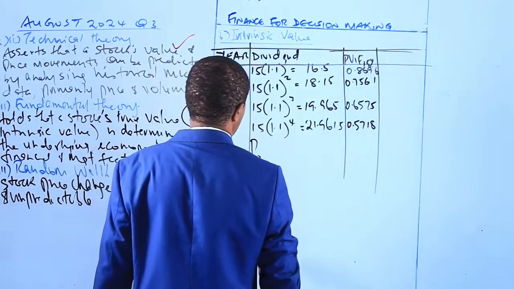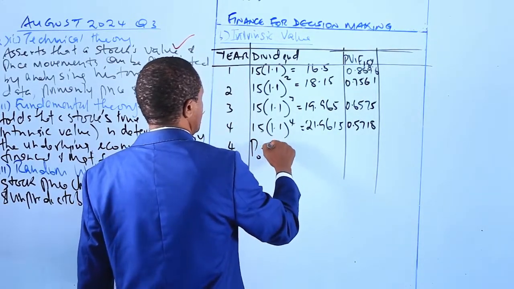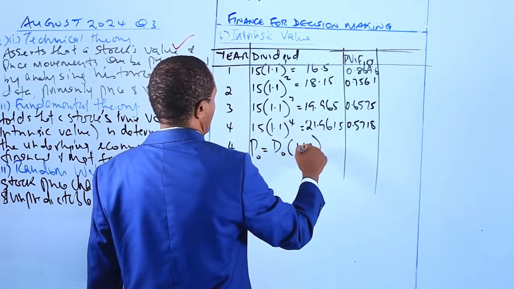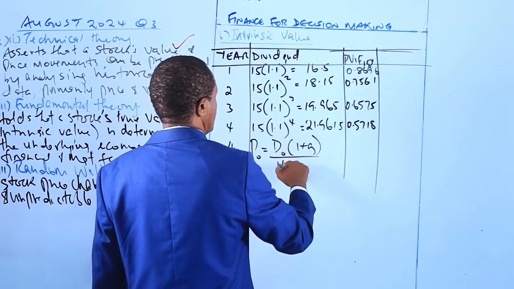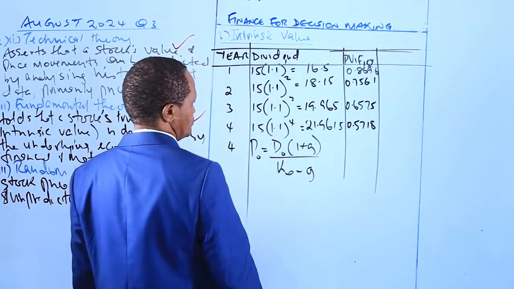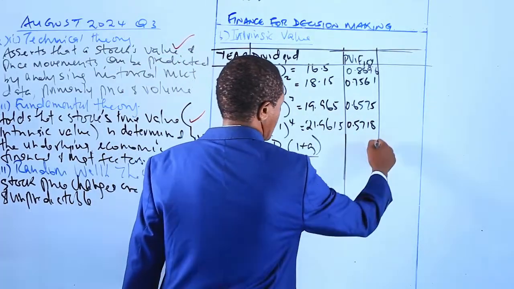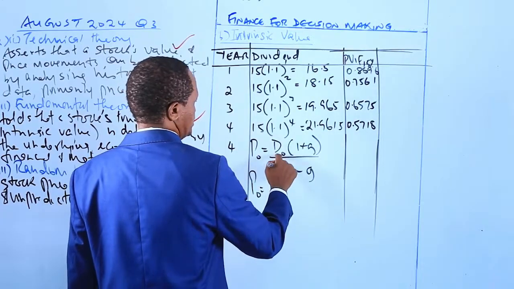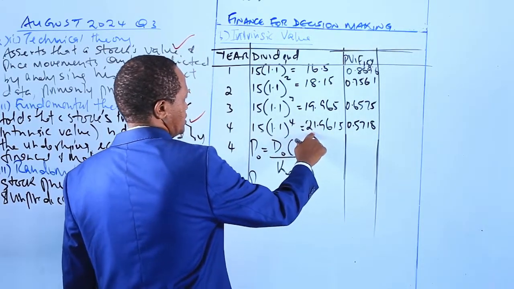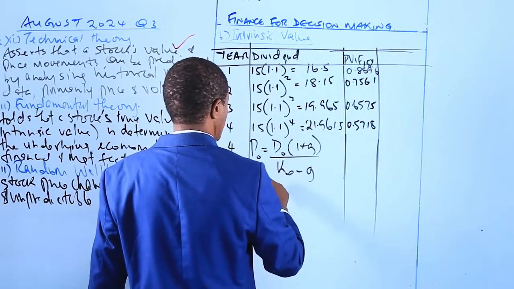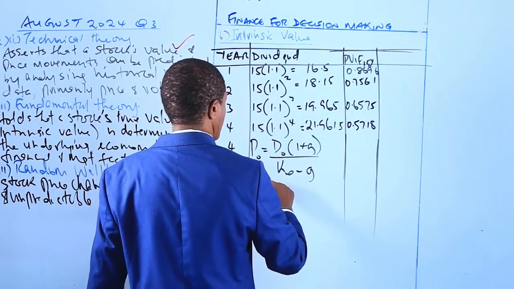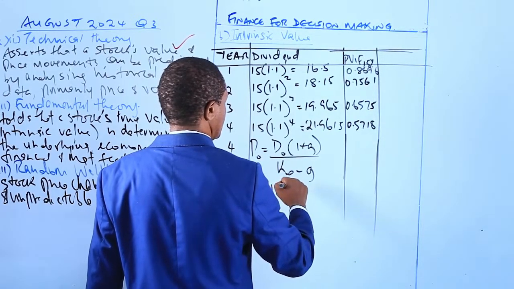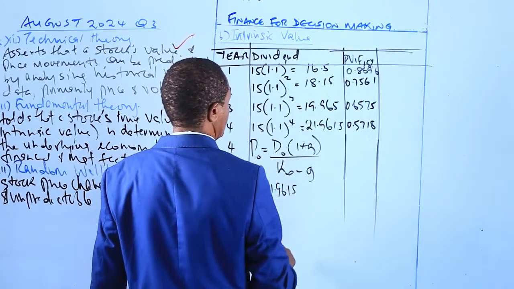To get the value of P0, we know this is equal to D0 at year 4 into 1 plus G over KE minus G. So our P0 here will be equal to D0, which is 21.9615.